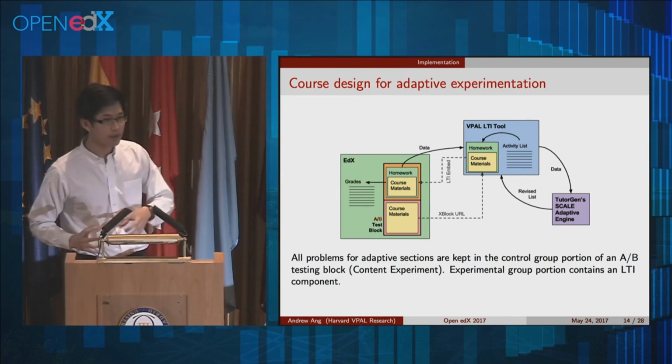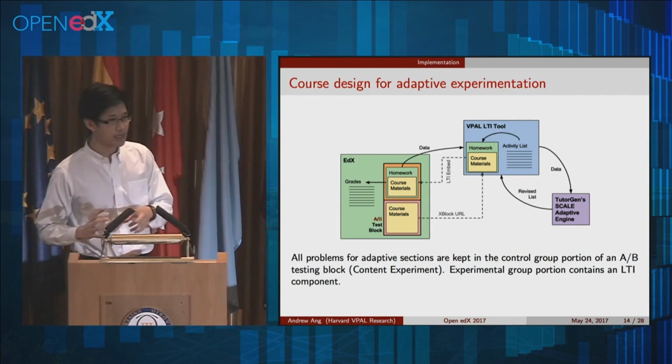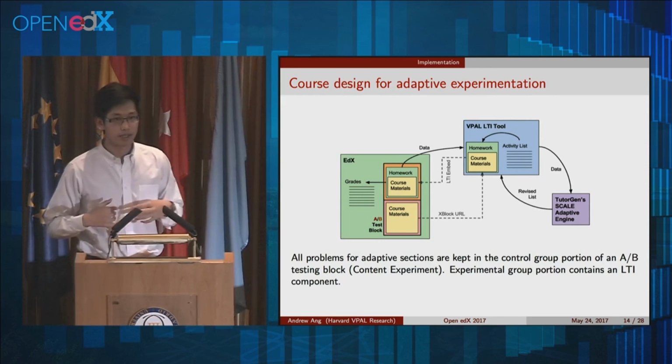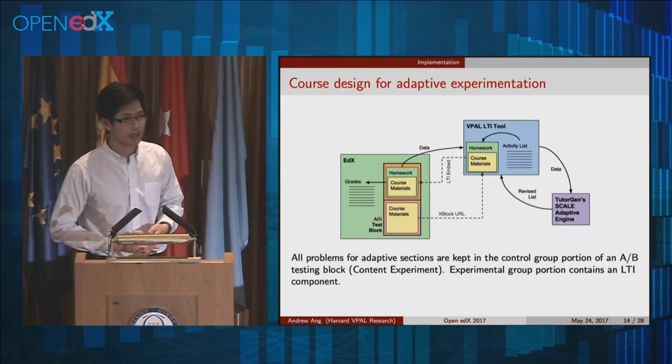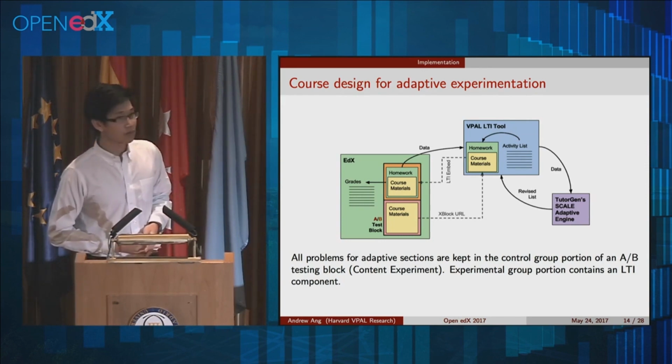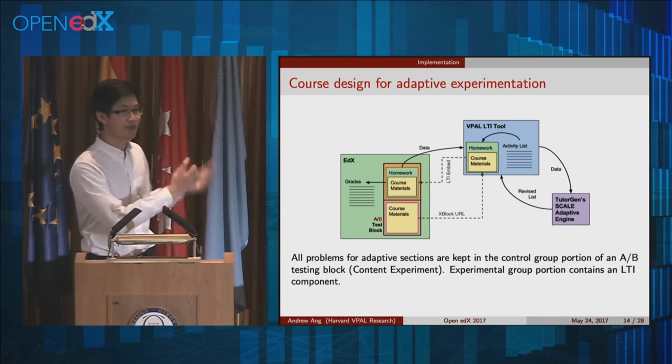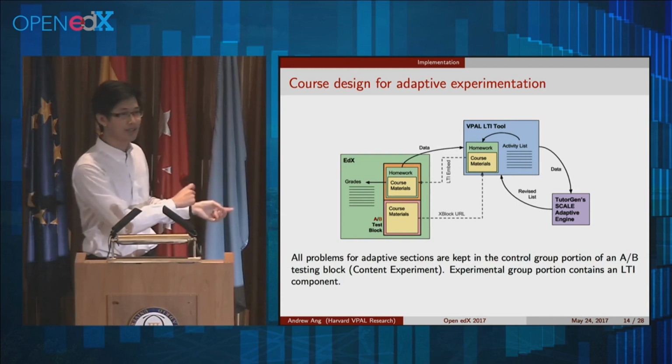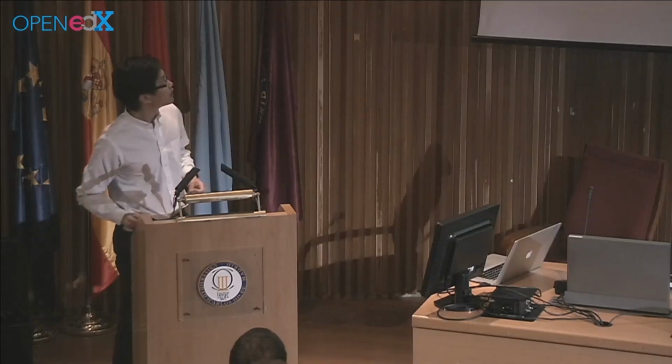And then in the B group, we actually didn't put any problems there. Instead, we inserted an LTI tool in there. What the LTI tool tracks is a bunch of XBlock URLs, and it draws from that A group and draws the XBlock URL in there.